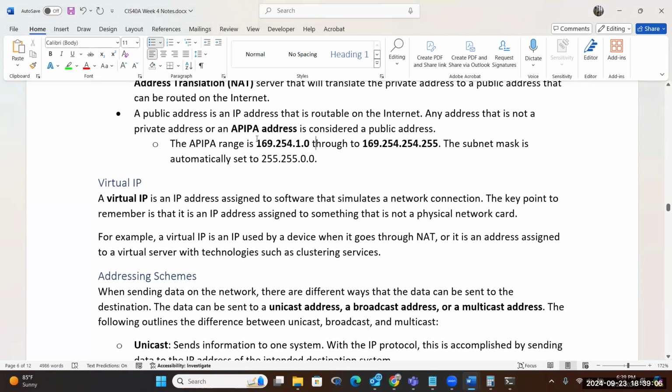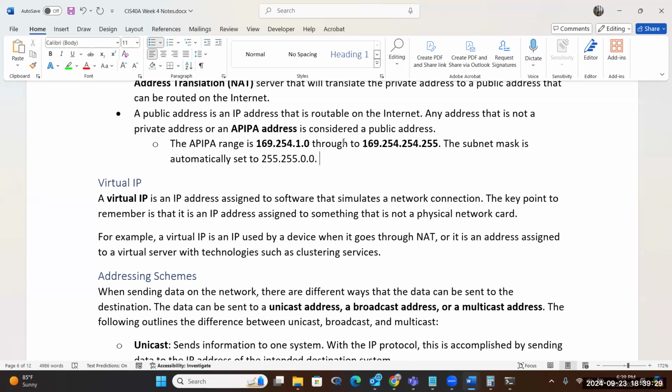So whenever you do ipconfig and this pops up, there's a misconfiguration in your network somehow. Either your network interface card is not talking to the network, or on the other side, maybe the wireless router is down and it's not able to give you an IP address. You get an APIPA address like that, okay?